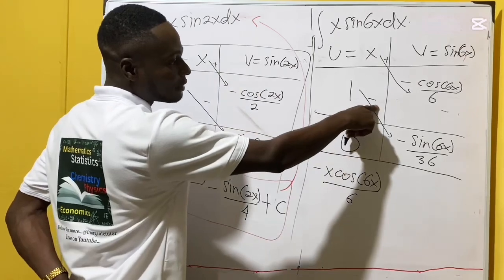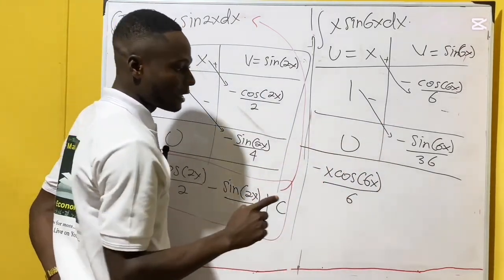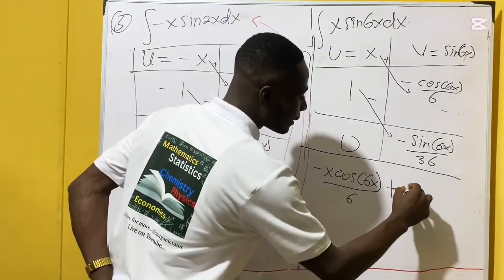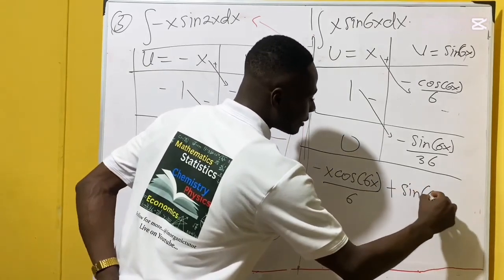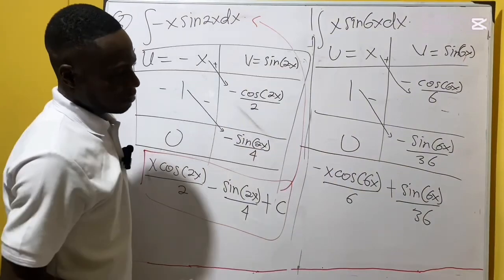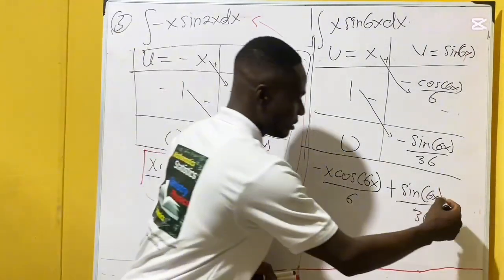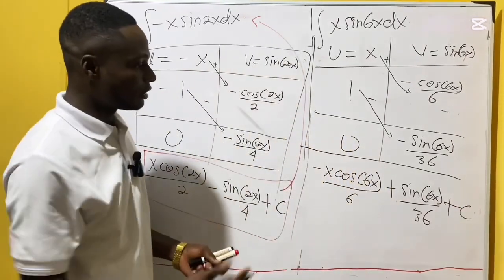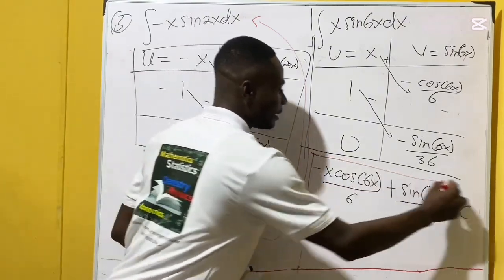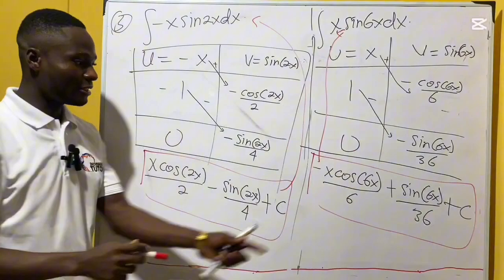Then 1 times negative is negative times negative. So you have positive, right? So we have plus sine 6x on 36, right? Over here, we can decide to factor 1 on 6 out, but of course, it changes nothing. You can leave it this way as well. So we can say that our final answer to our problem number 4 is this, right?